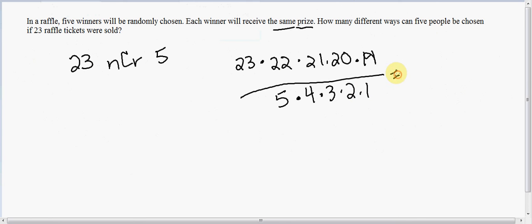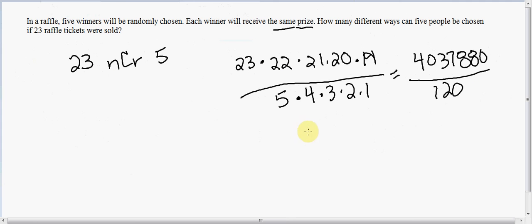All right. Let's multiply this out here. 23 times 22 times 21 times 20 times 19. It's going to be a big number. Oh yeah. So let's see. We have 4,037,880 for the numerator, and 120 when we multiply out the denominator.